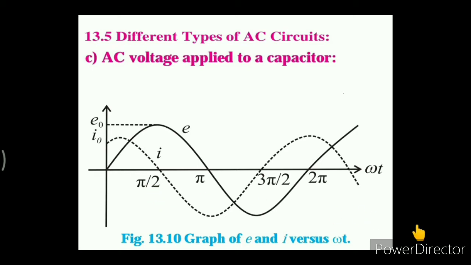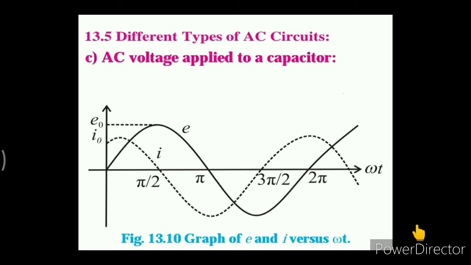As we have the instantaneous value of the EMF, E is equal to E0 sin omega t, which is given by equation 13.9. And the instantaneous value of the current when the capacitor only is connected across the AC signal is I is equal to I0 sin omega t plus pi by 2, which is given by equation 13.13.